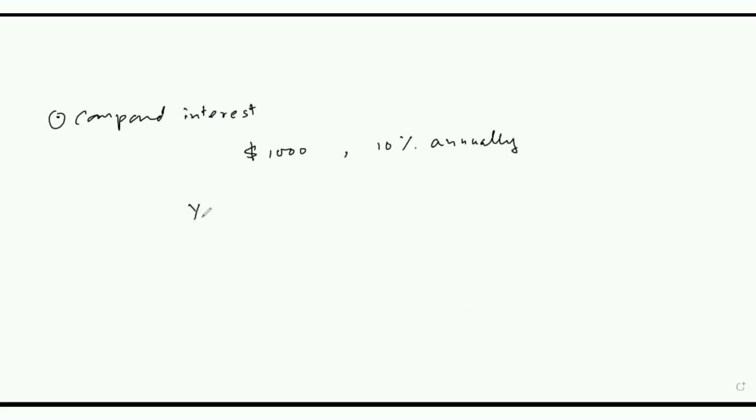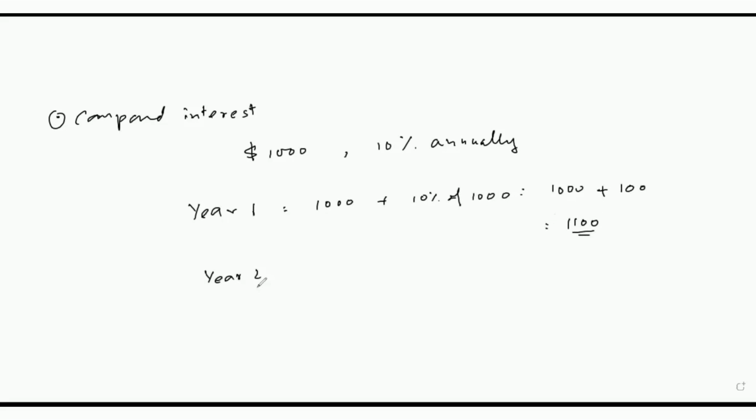For the first year, you have your initial investment plus 10% of $1,000. So that's 1,000 plus 100, that's 1,100.